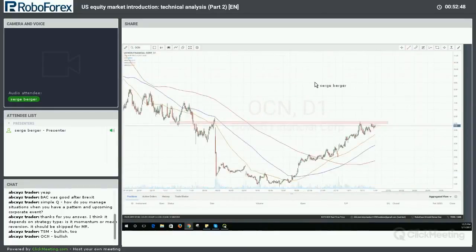in order for it to have better upside momentum. So again, you can see how the combination of very simple patterns and lines can give us a lot of perspective. The most important thing to understand is that these stocks are in a consolidation phase. So OCN, it may be bullish, but it's still consolidating right now.